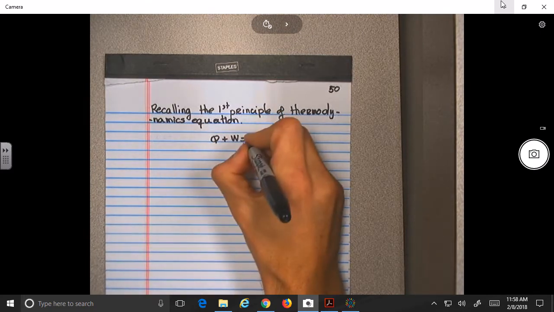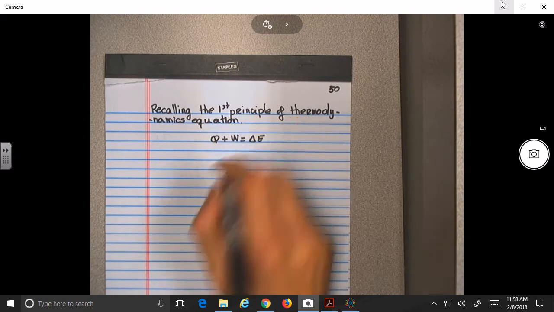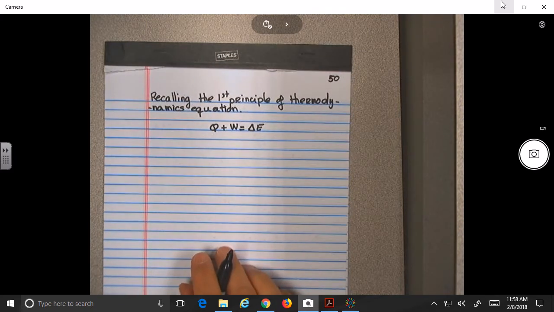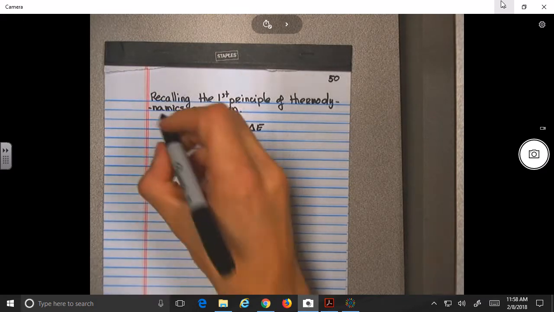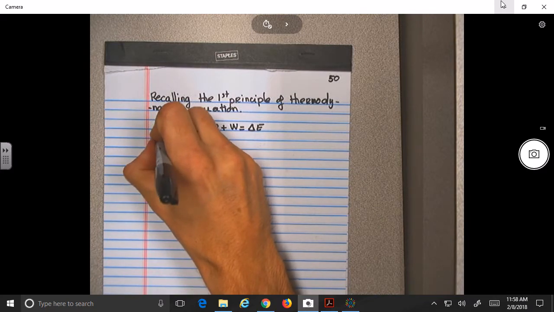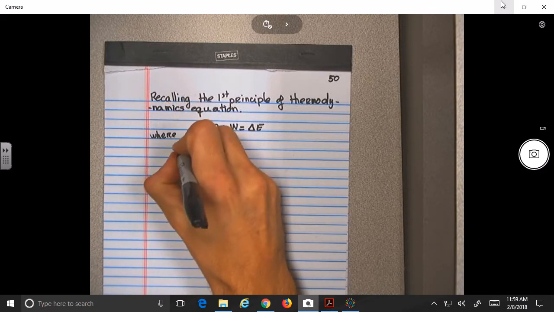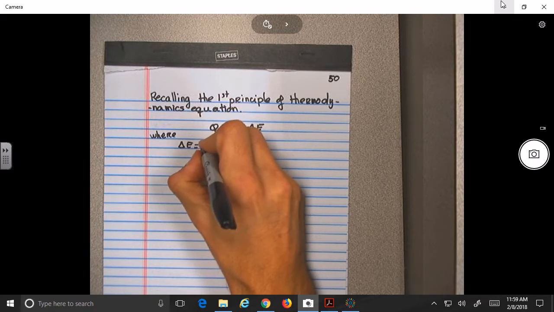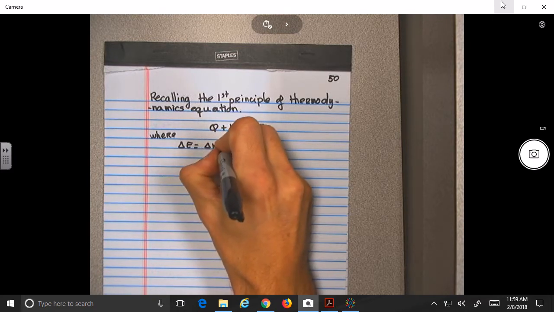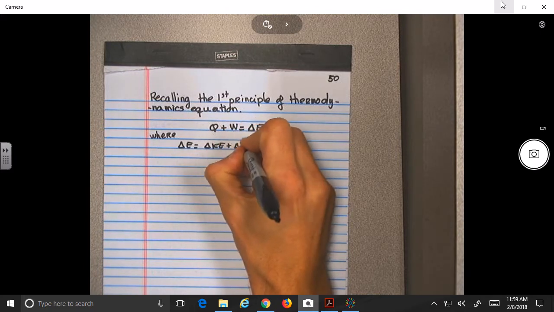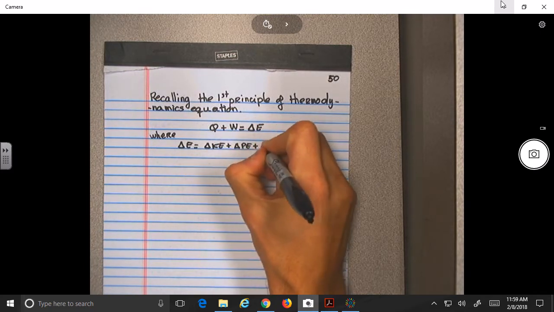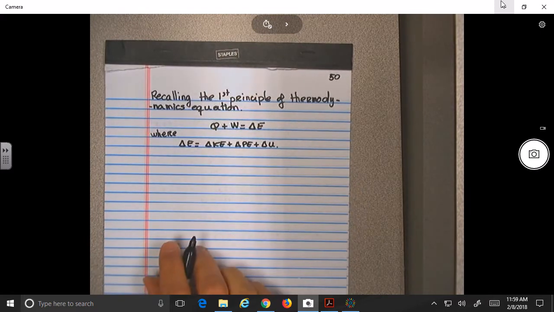Equal to the change in energy, okay? Where, let's do a summary, this one was equal to change in kinetic energy plus change in potential energy plus change in internal energy.